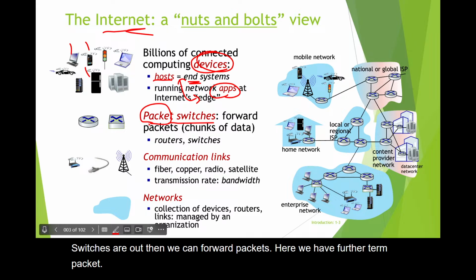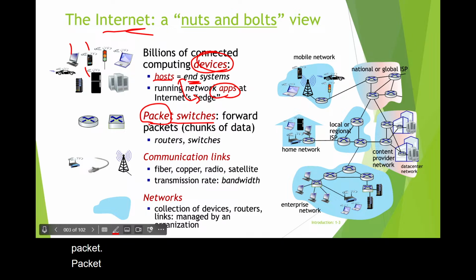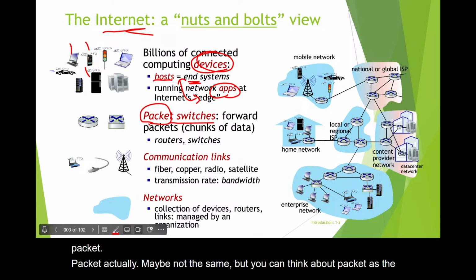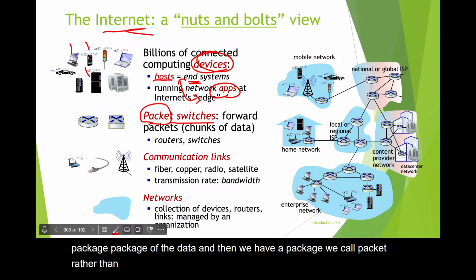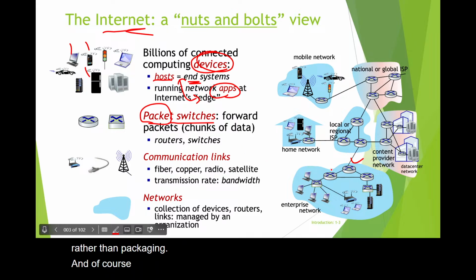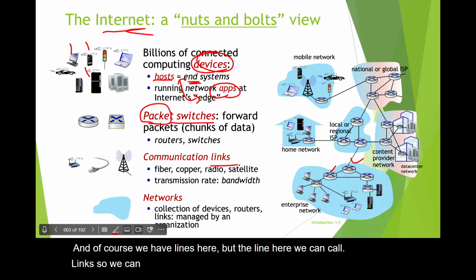You can think of a packet as a package of data, but we call it a packet rather than a package. And of course we have lines here, which we call links, so we have communication links.